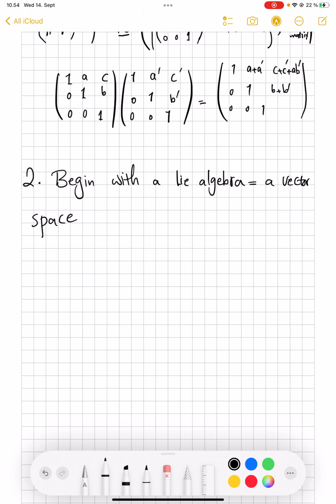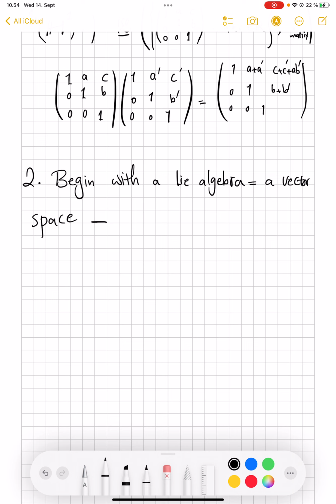That means you have a scalar multiplication and addition of vectors, right? A v1 plus B v2 makes sense in this space. For our purpose, of course, you can imagine it's a real vector space. The field is just the real numbers.